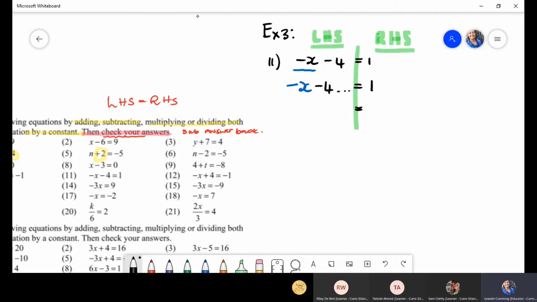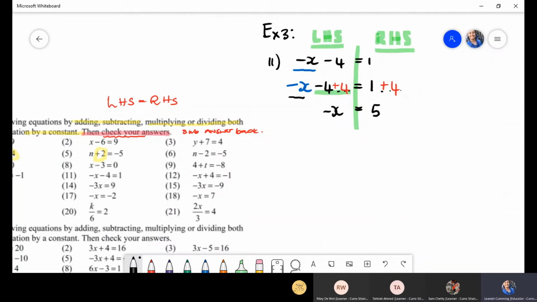And then there's 1 on the right-hand side, leave a little gap. And in that gap, I ask myself, what's the opposite of minus 4? How do I take minus 4 away? I add 4. And I add 4 on that side. Therefore, I'm keeping my equilibrium. But this is still minus x, okay? So that means minus x. This becomes 0. That's what I want. And my answer on the right-hand side is 1 plus 4 is 5.